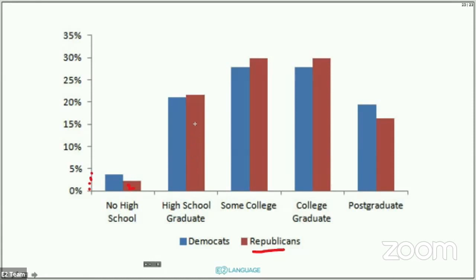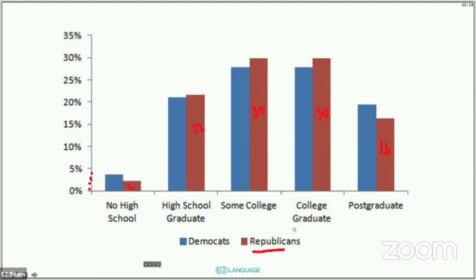About 22% of Republicans have a high school degree. About 30%, so it's a bit higher than the Democrats, have some college. Same thing here, about 30% have a college graduate degree. And like 16% maybe have a postgraduate qualification for Republicans.